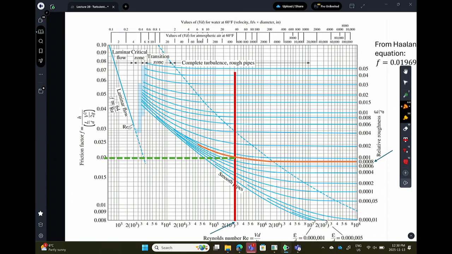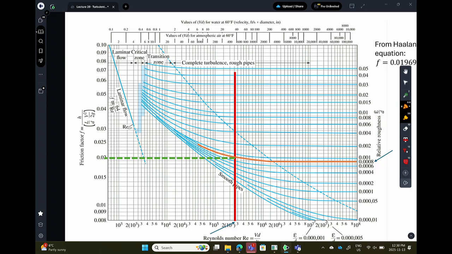I went through, you've got 0.0008 right there. You have 2.8 times 10 to the 5th in there. And you're somewhere between 0.019 and 0.02. You're not at 0.02, but if I were to read that chart on my own, I would read it as 0.02.